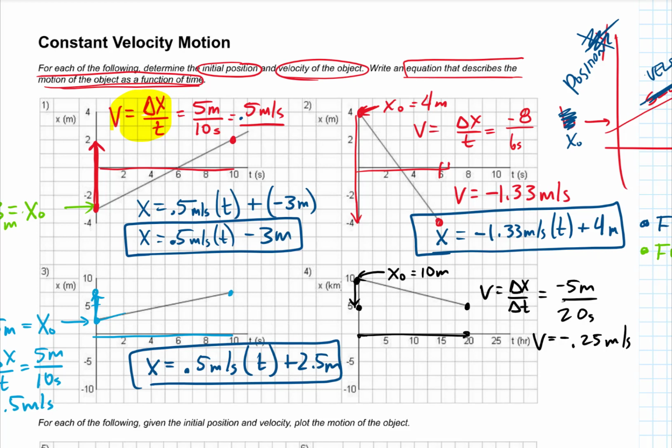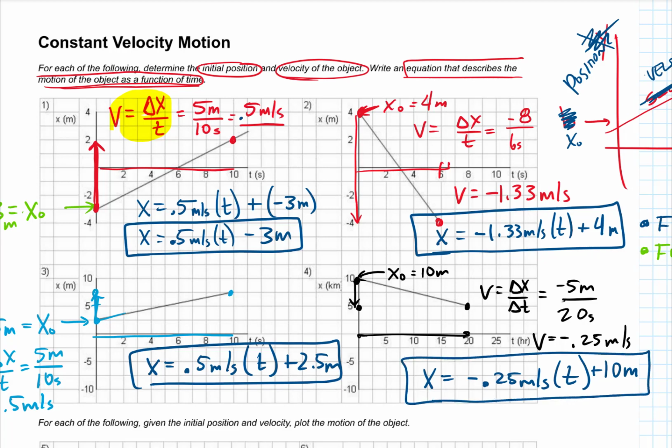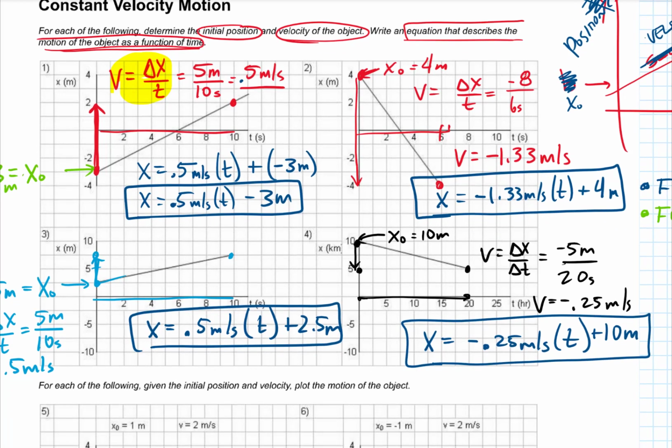And then we need to write out our formula. So our formula is going to be x is equal to -0.25 meters per second times the time plus 10 meters. So that's our top chunk of problems.